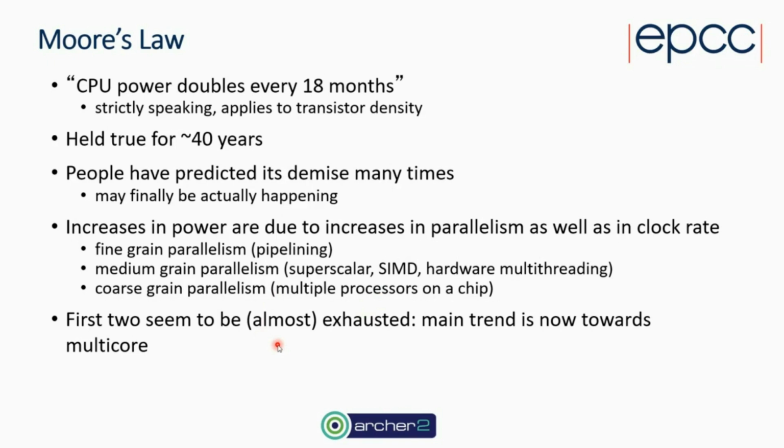The ARCHER2 system, as I've already mentioned, each node has 2 processors. Each processor has 64 cores, so we have 128 cores in total. If you compare that to the system that was just decommissioned, Archer, it had 2 processors per node, the same. Each processor had 12 cores, and we had 24 cores overall.